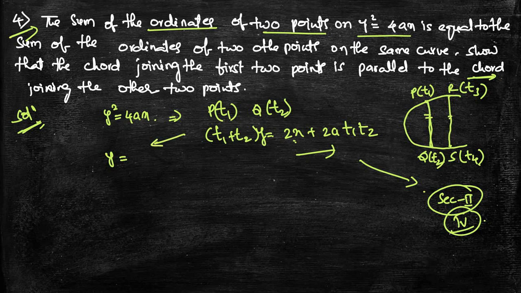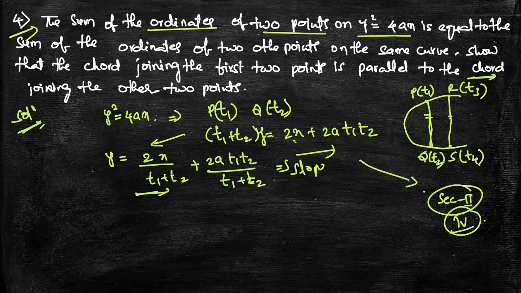From this the slope m is equal to 2/(t1 + t2), which is the slope of PQ.